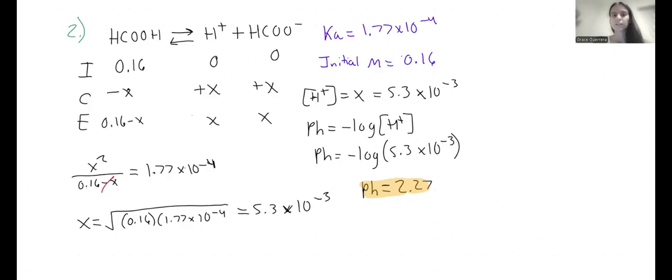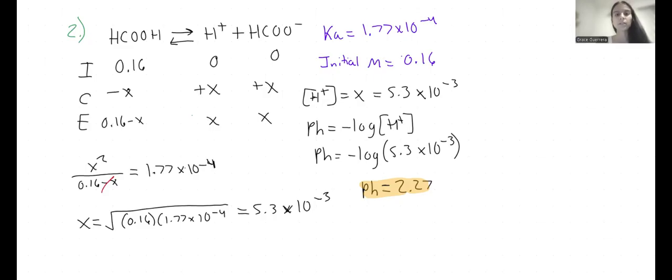So to answer the second question regarding the pH and the formic acid, our formic acid is HCOOH, and that formic acid dissociates into the proton and its base. We're given the Ka and the initial concentration in the problem. So we can set up our ICE table using the initial concentration of the formic acid, 0.16.